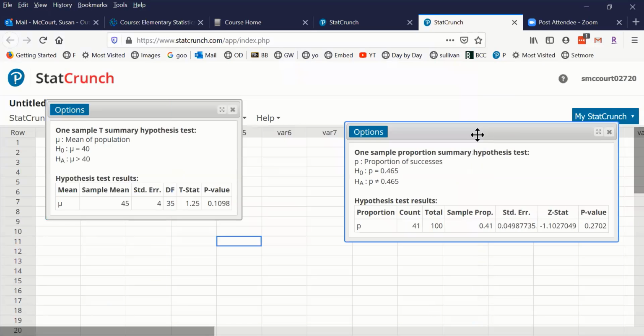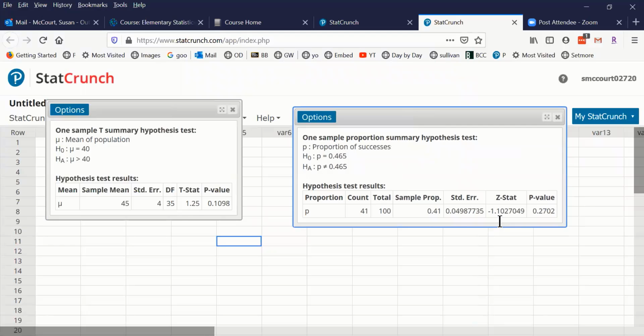And when we compute that, we get a high p-value again. So we get our z-stat to be negative 1.10 and our p to be 0.2702.